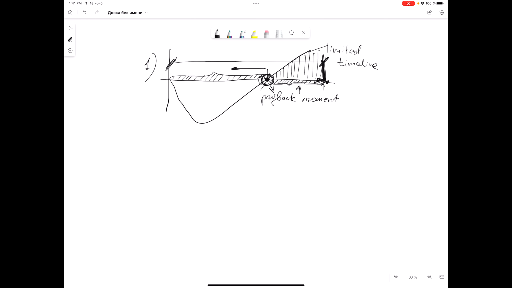In the first case that I just drew, the payback period occurs inside the timeline and you earn extra profits. You get back all you've invested in your business idea and earn some profits after the payback period occurs.